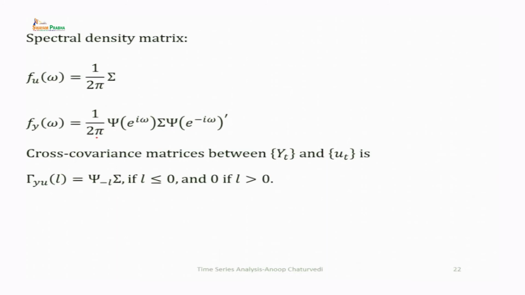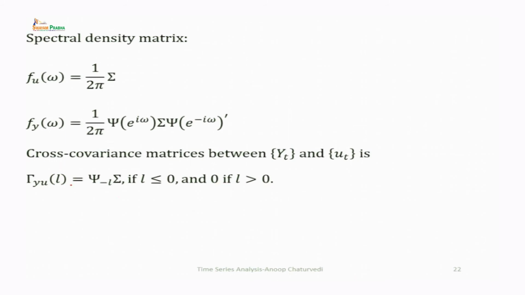Then cross covariance matrices between y t and u t, gamma y u l, is equal to psi minus l sigma if l is less than or equal to 0, and 0 if l is greater than 0.